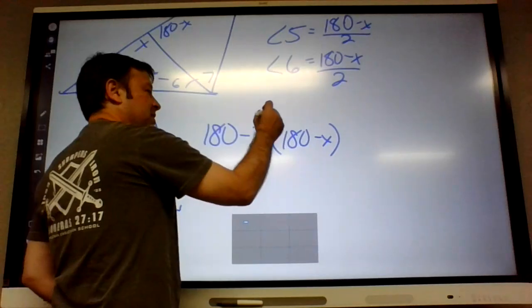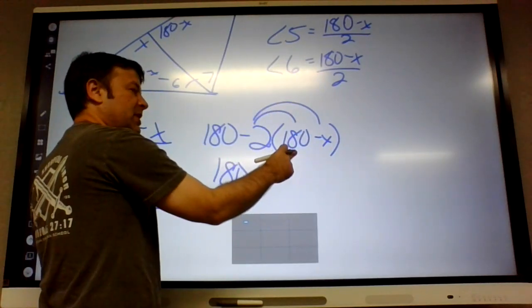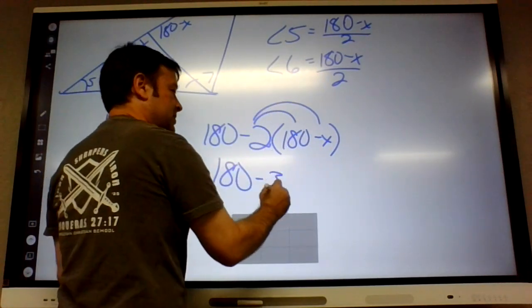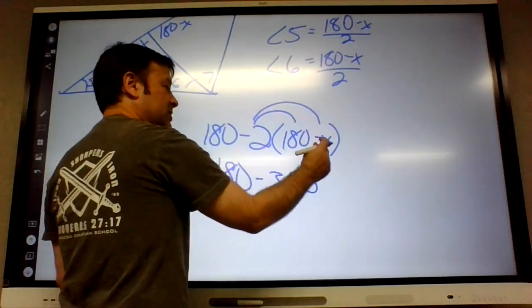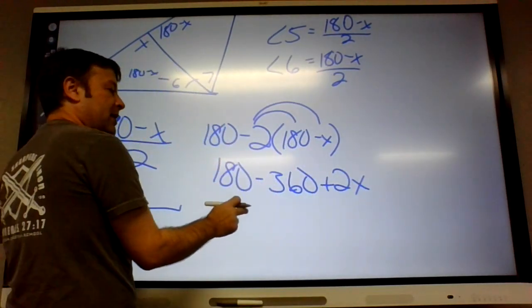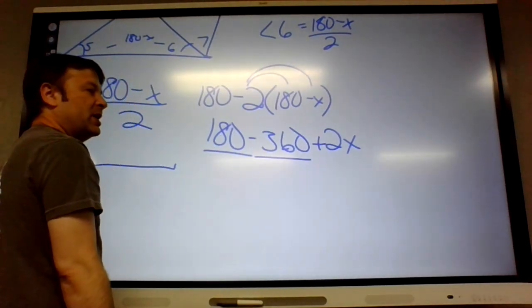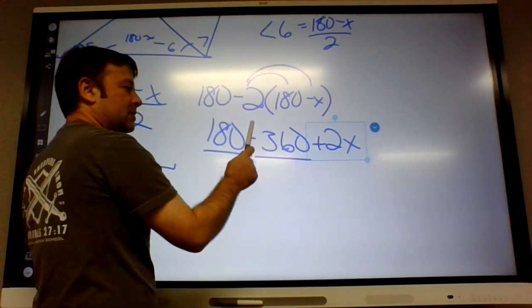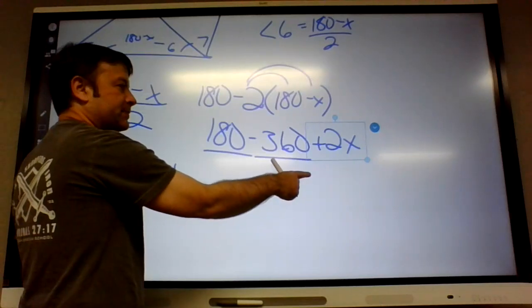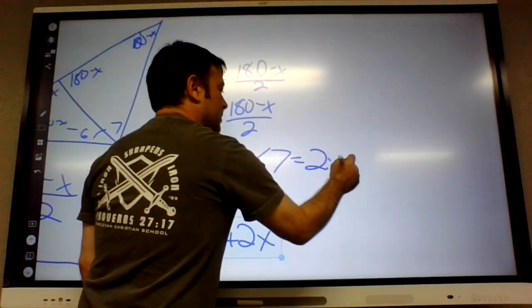But we distribute that. You guys know what 2 times 180 is? 360. 360, and negative 2 times negative X is plus 2X. 180 minus 360 is negative 180. So this is like 2X minus 180. Anyway, that was the last one.